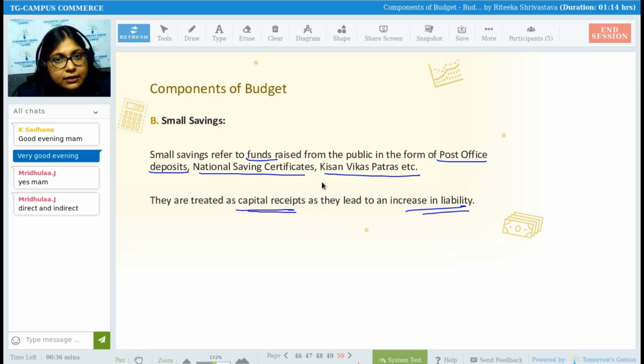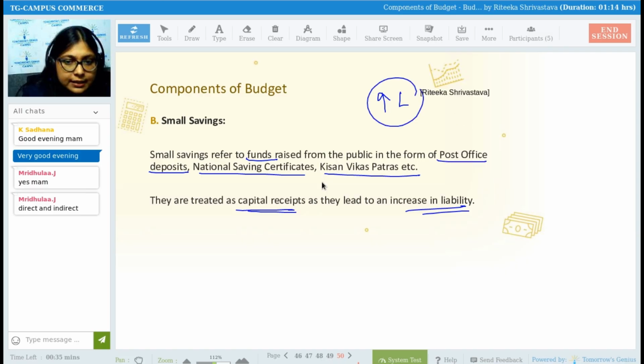Government can raise its funds from these schemes, so there are different schemes and policies through which government can raise money or a loan. It is a kind of borrowing, and when the government is borrowing through different schemes and means, it increases the liability of the government. So an increase in liability of the government is nothing but capital receipts.